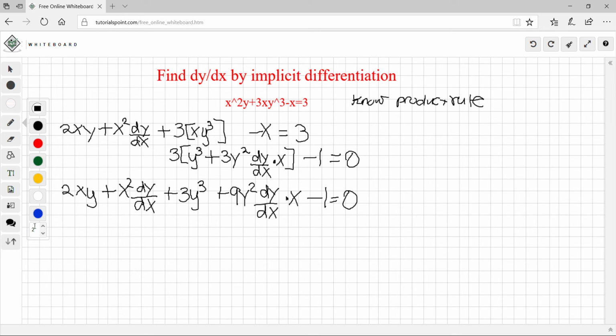So I could get rid of the 2xy, the 3y cubed, and the negative 1. I could get rid of the 2xy by subtracting it, and then I could get rid of the 3y cubed by subtracting 3y cubed, and then I can get rid of that negative 1 by adding 1. I have to do it on the right side as well.